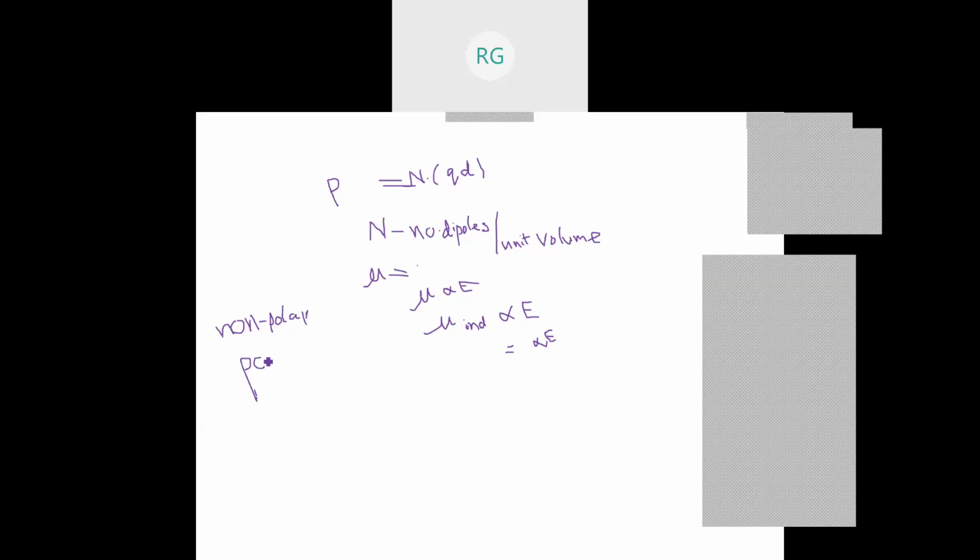So what are non-polar and what are polar dielectrics, we have to see. I told you that some dielectric materials, when you take them, themselves contain permanent electric dipoles. Some of them don't contain a net electric dipole moment.